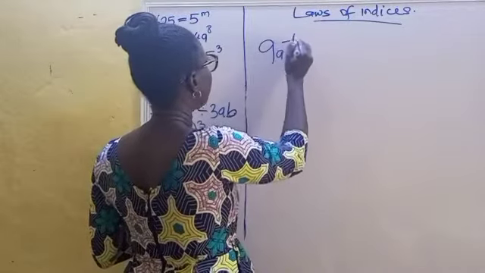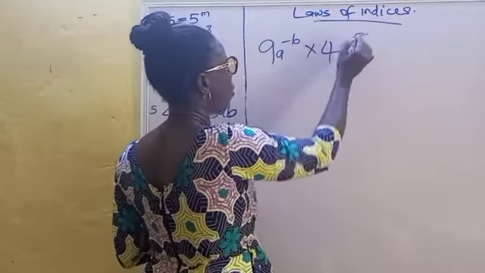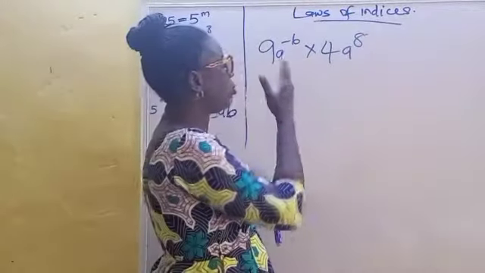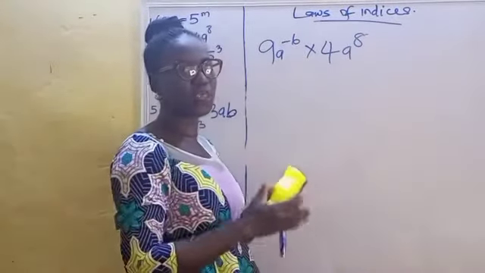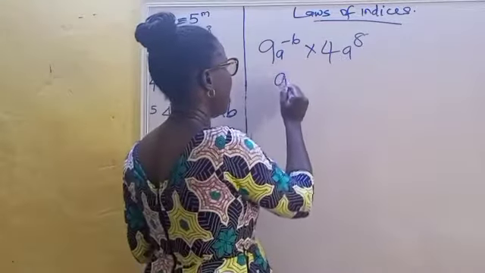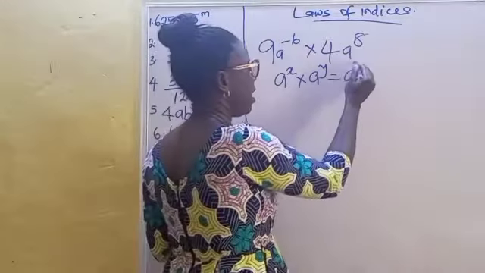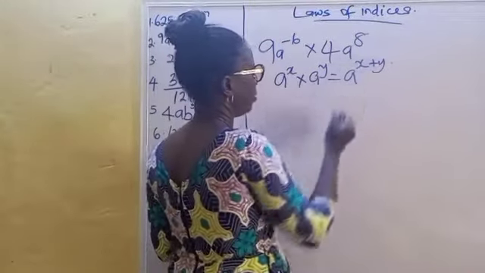Next, 9a to the power of minus 6 times 4a to the power of 8. The law we are going to use is the first law, which is the addition law. The addition law says that a to the power of x times a to the power of y is equal to a to the power of x plus y.